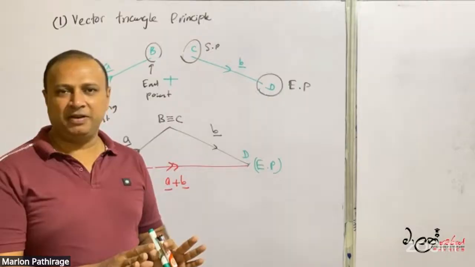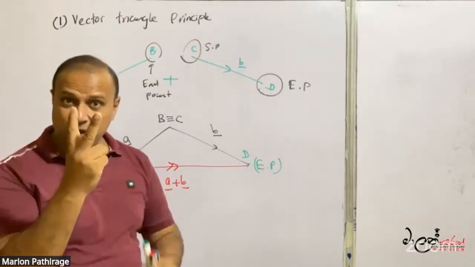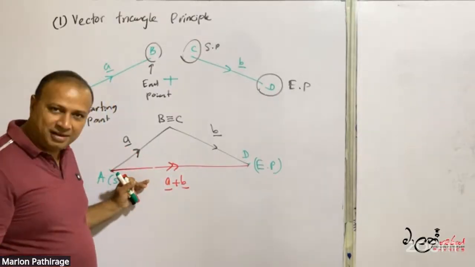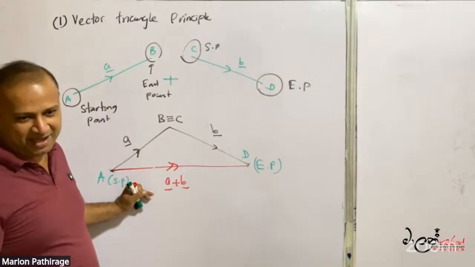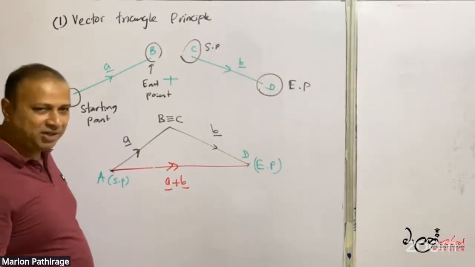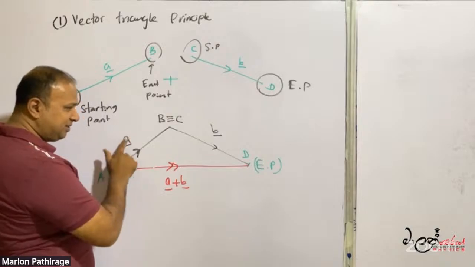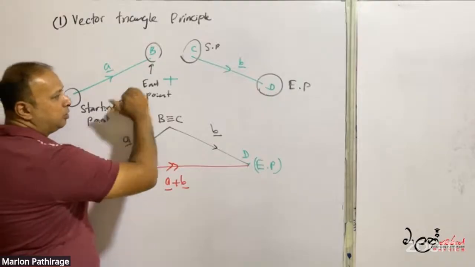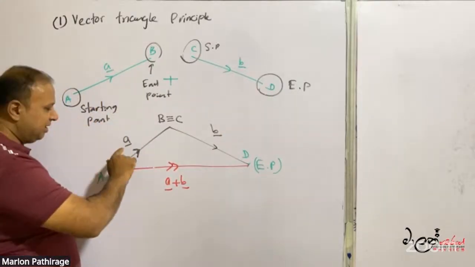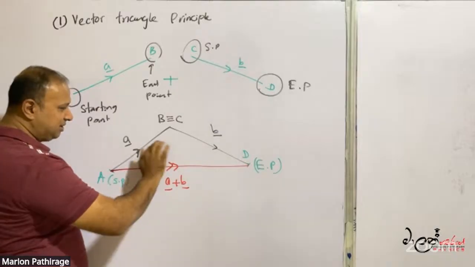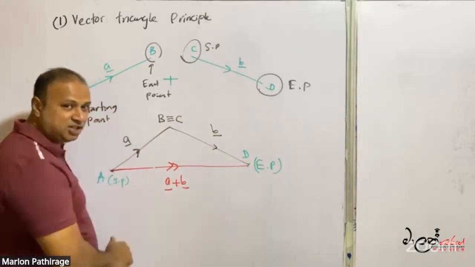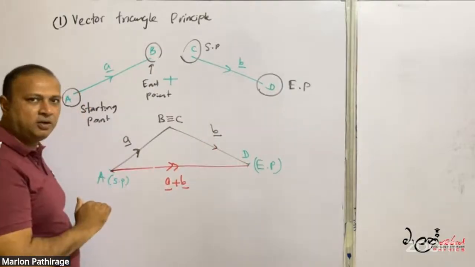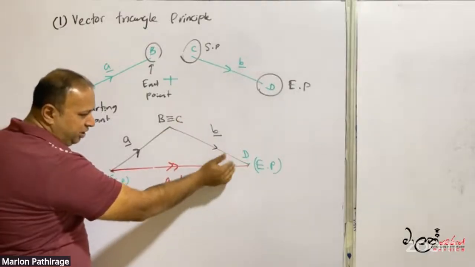But if you add two vectors only, we can observe a triangle. In this triangle, there are two vectors in the same direction. If we consider clockwise or anti-clockwise, these two vectors are in order. In order means they are moving the same way.